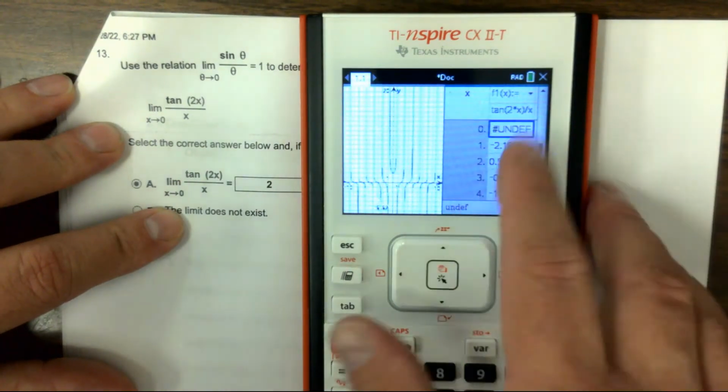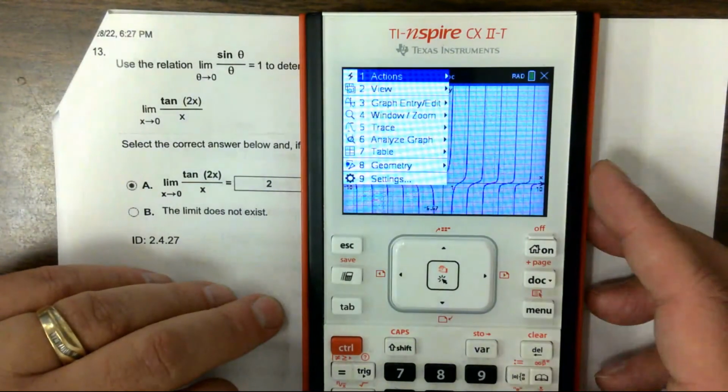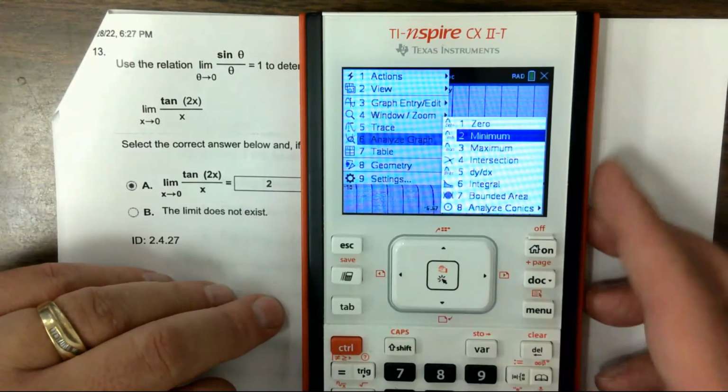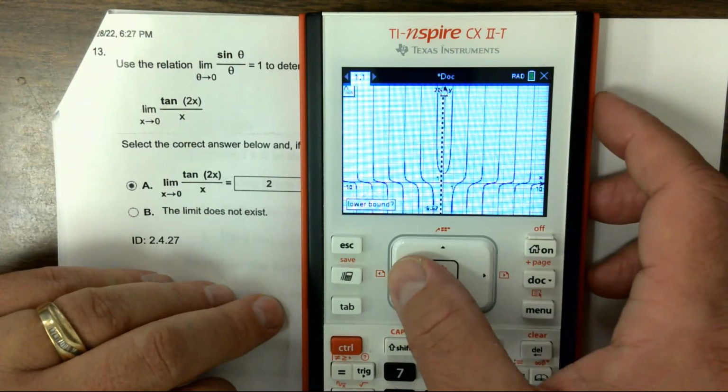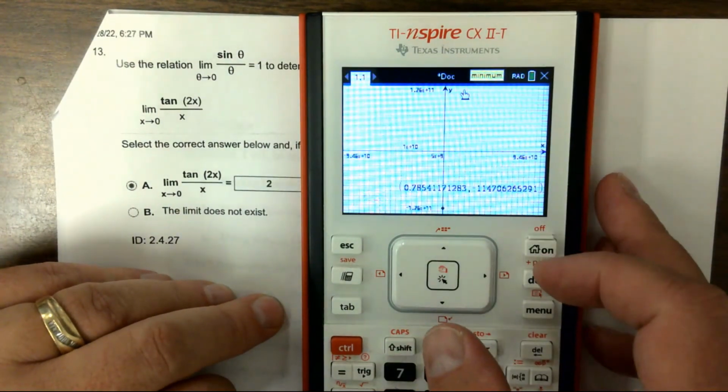It says undefined, but in this case I would do minimum. Menu, analyze minimum between there and there. Oh, let me go back.